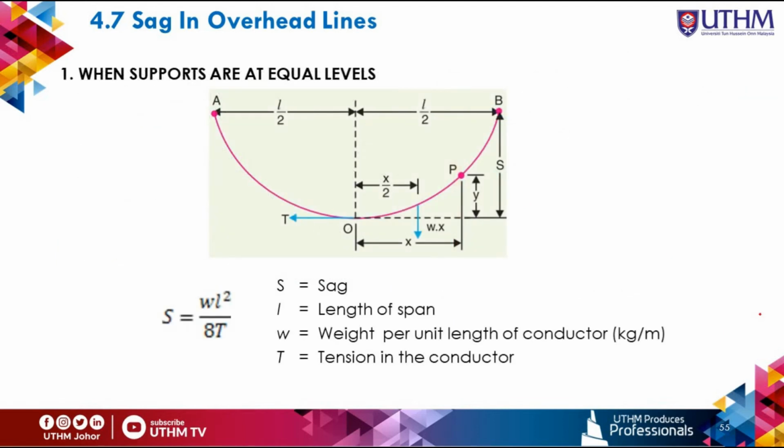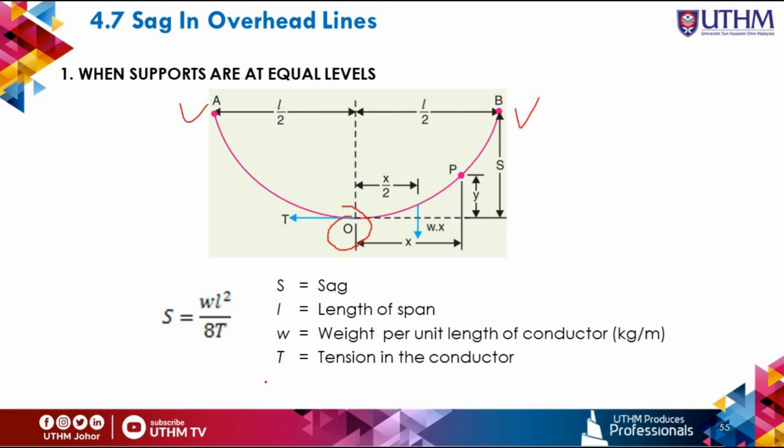We look one by one. The first one is when the supports are at equal levels, so A and B are at equal levels. We can see here a conductor between two equal level supports A and B, and O as the lowest point.